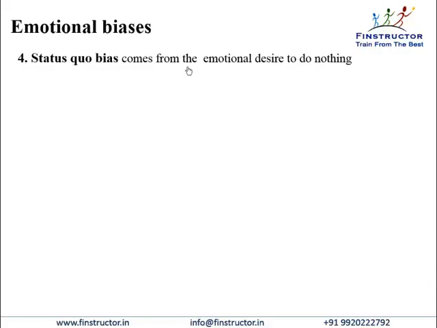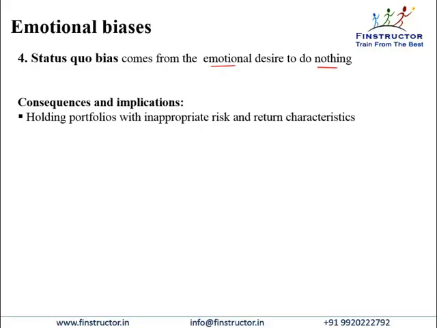Status quo bias comes from the emotional desire to do nothing. So unless asked to review their portfolios and review their goals, review their asset allocations, investors left to themselves will not do it at all, or will do it much less frequently than is required. So eventually portfolios may become inappropriate with the risk and return characteristics not matching the investor's objectives.